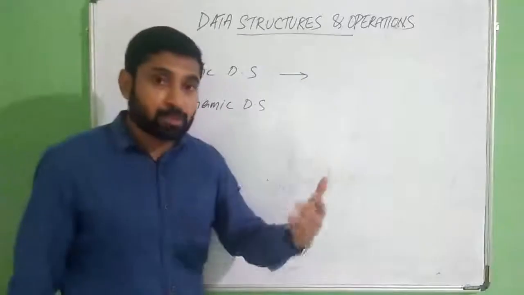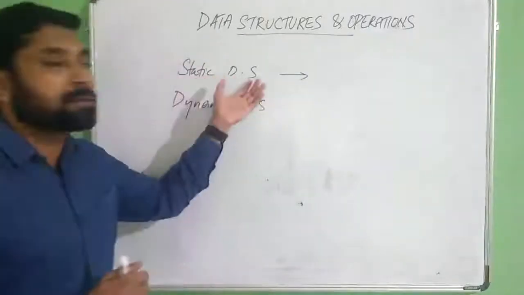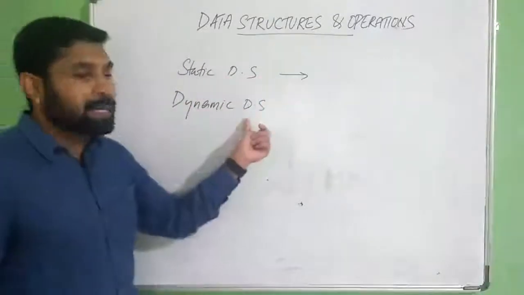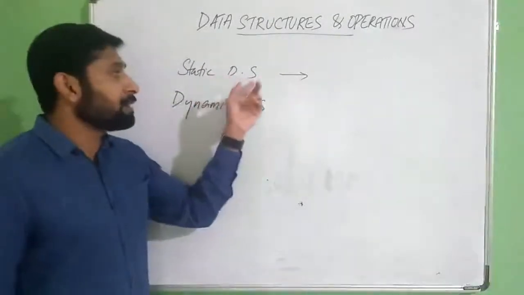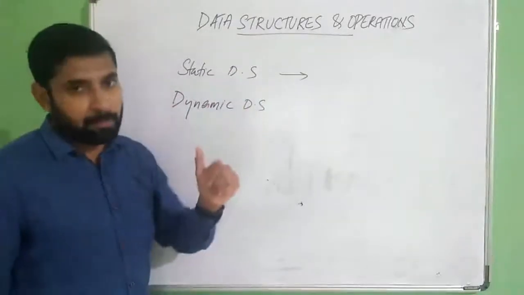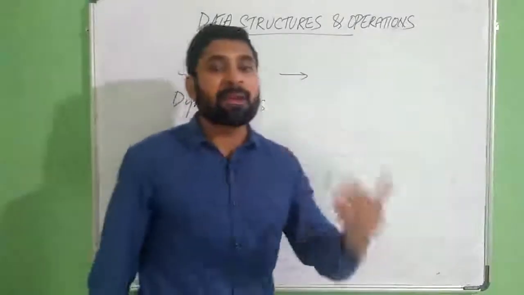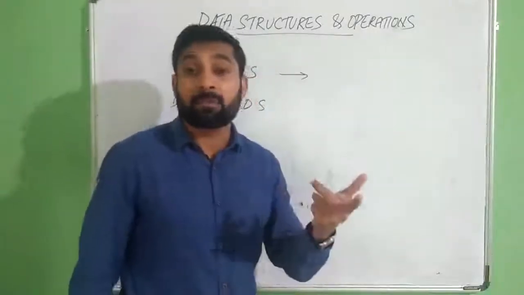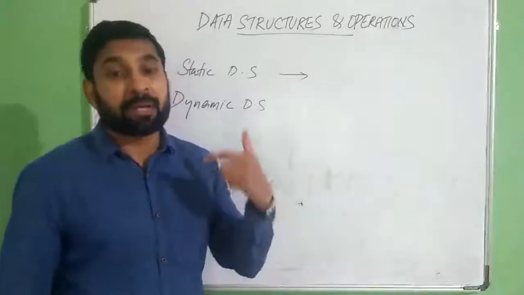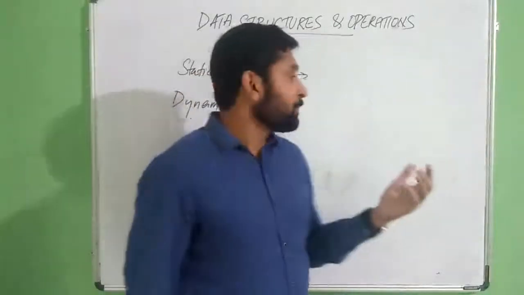Data structures which use arrays for implementation are static in nature. One more thing, in a static data structure we use only RAM. In a dynamic data structure, memory is allocated in dynamic fashion, which means memory is allocated during program execution or program runtime.